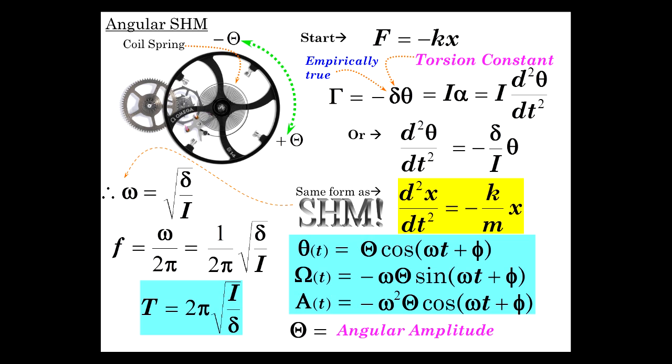So that is our set of equations. That's a nice analogy to regular linear SHM, and hopefully that's reasonably logical, and you'll be able to correlate it with regular simple harmonic motion.